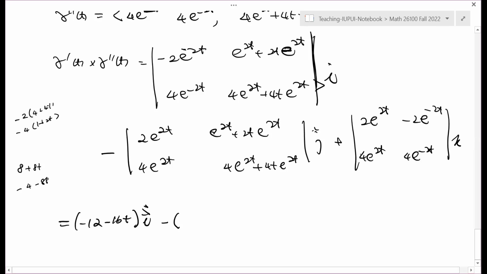Okay? Yeah, so it's going to be just 4e to the 4t. Okay. Finally, I get 8 minus negative 8, so 16. So we get a cross product.